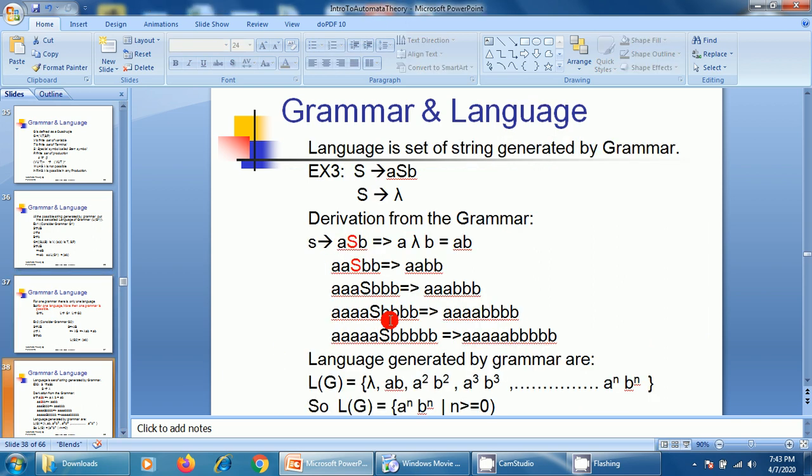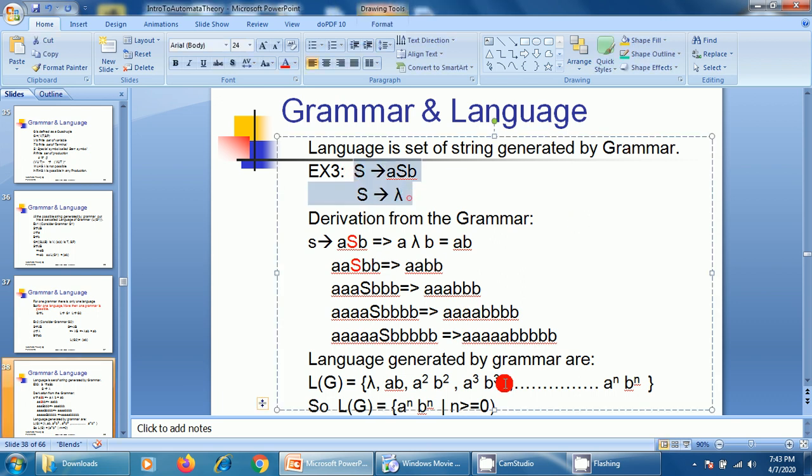See, we know that language is a set of strings. In this given grammar, only two productions are given: S tends to aSb, and S tends to lambda. Now we'll see the derivation. We'll take the first production, which has the start symbol.